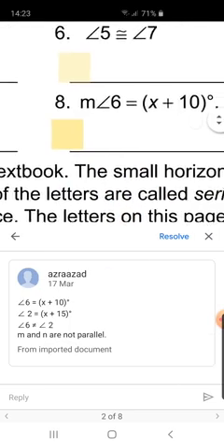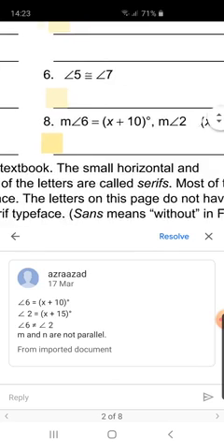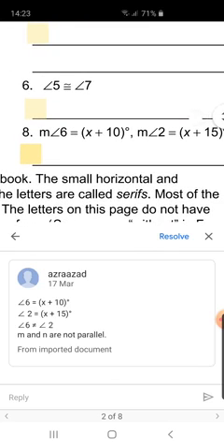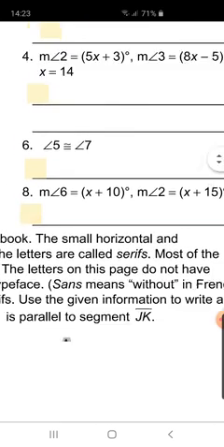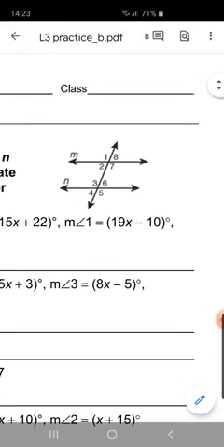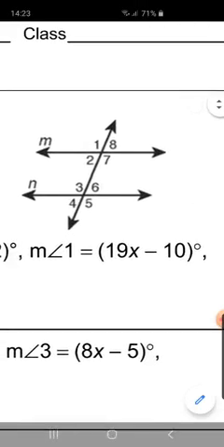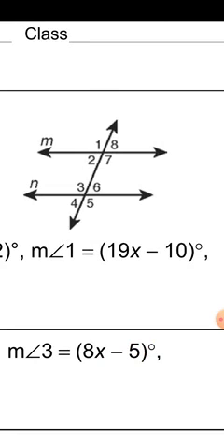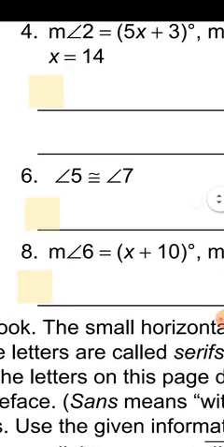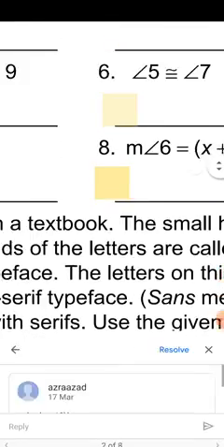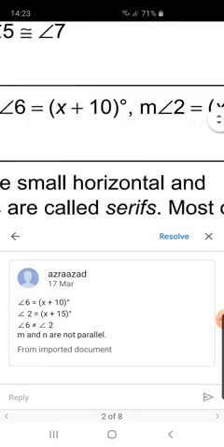Okay, moving on to question number 8. Again, they have given you the x's and they are referring to angle 6 and angle 2. So angle 6 and angle 2 from the picture are alternate interior angles. According to the theorem, again alternate interior angles are equal. Okay, so let's find out. They didn't give you the value of x.